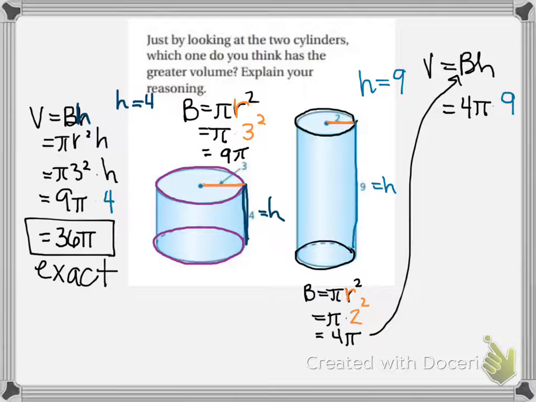So again, with multiplication, you can do it in any order. 9 times 4 is 36, but remember there is a pi. And again, this is the exact answer. Later we'll get an approximation. So when we asked which one has greater volume, well, neither one has greater volume.